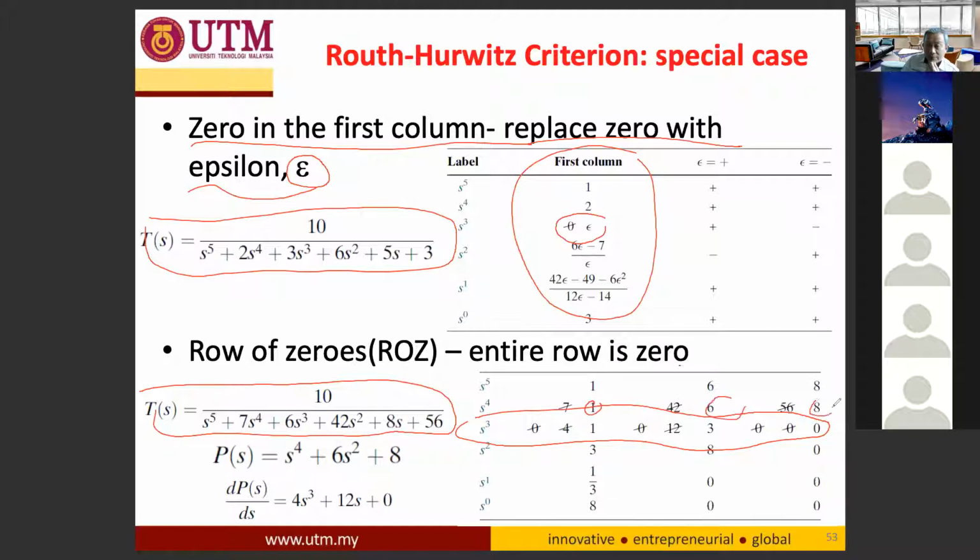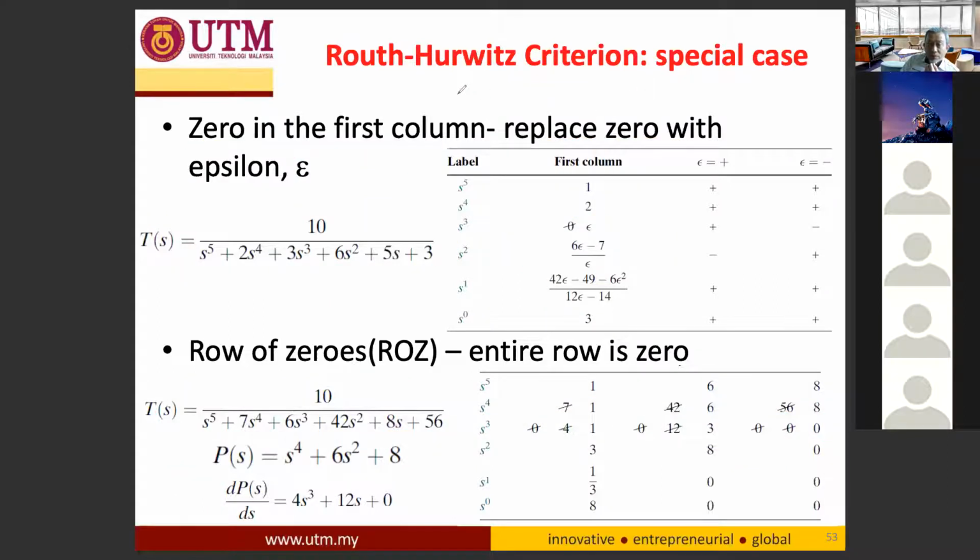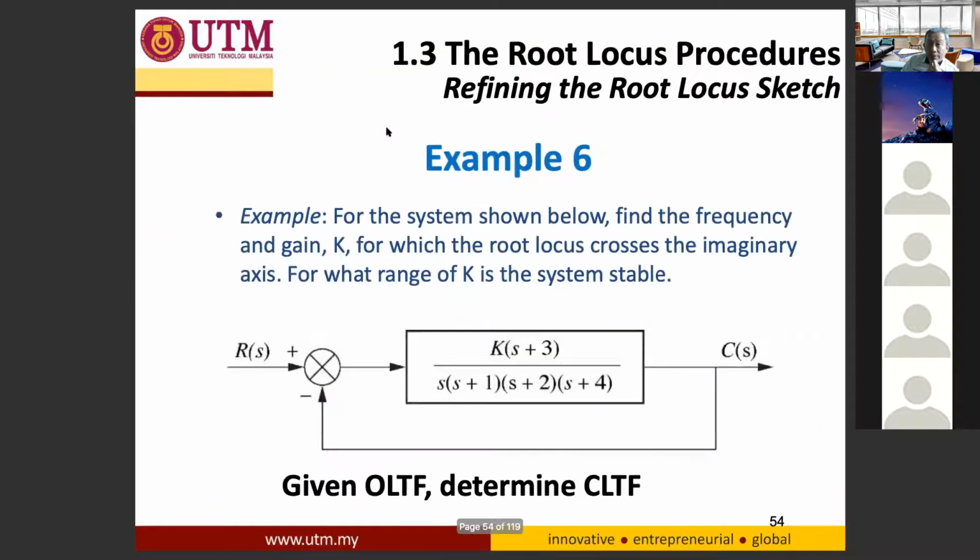Then you differentiate it, and you replace the row of zeros with 4, 12, and 0. You insert it inside the next row of the Routh table. For example, if you have this example, slide 54.